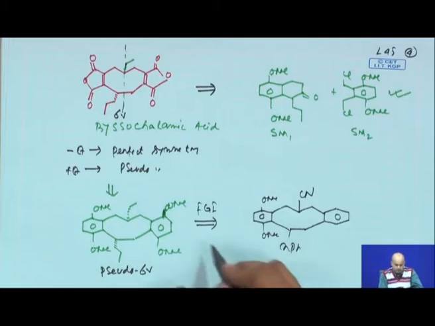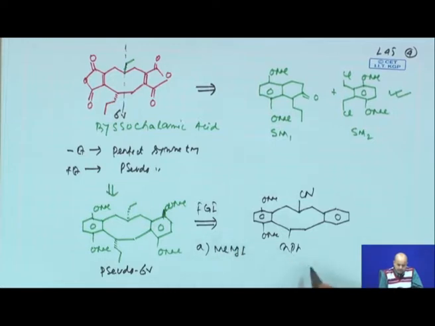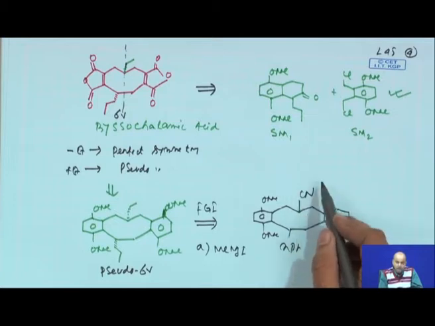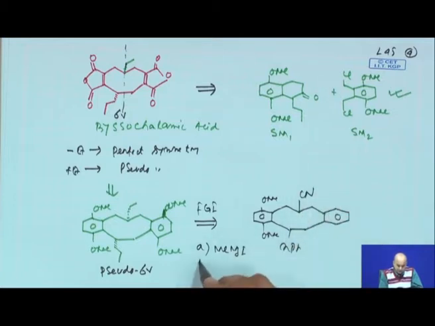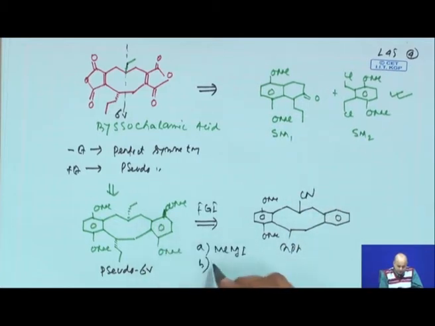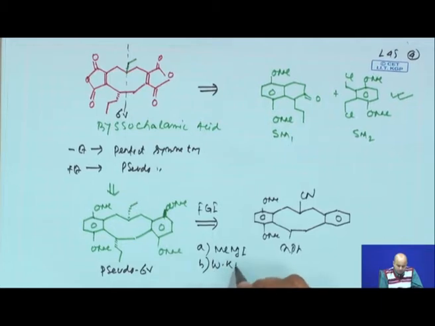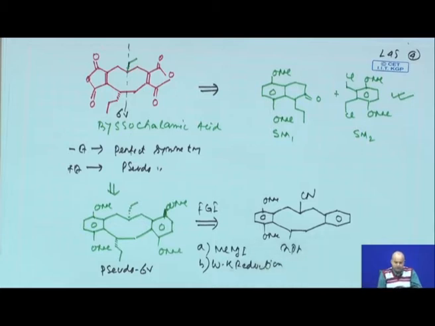Now, what are the reactions we will be doing here? Cyano group reacting with methyl magnesium iodide will give you COCH3. Then this COCH3 will be converted to the corresponding ethyl by a Wolff-Kishner reduction. We are not going to discuss the forward path, as it is very straightforward.